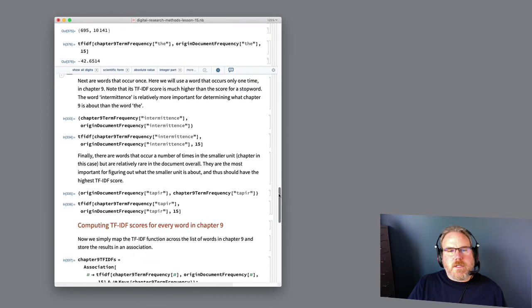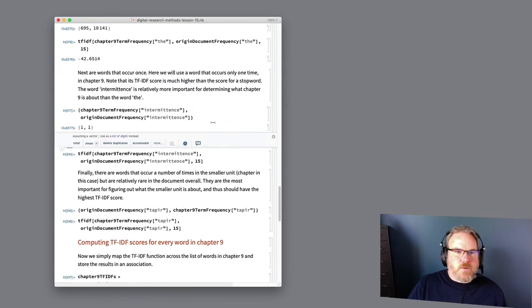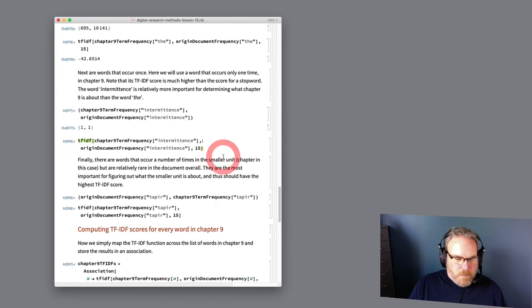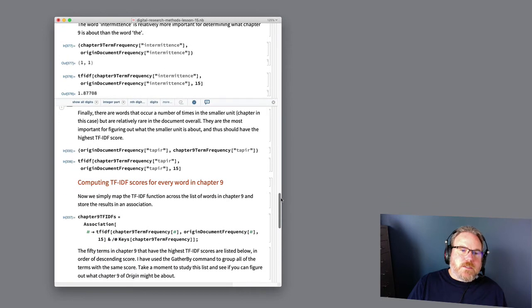Next, we look at words that occur only, say, one time. Intermittence occurs one time in the whole book, and that is in Chapter 9. If we compute its TF-IDF, it's considerably higher than the TF-IDF for the, but it's still relatively low because it's rare.